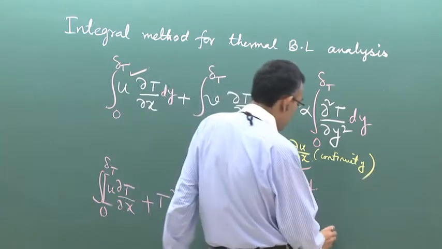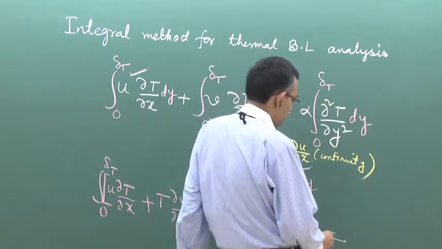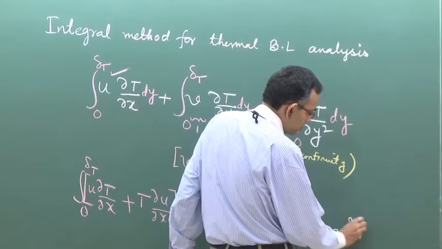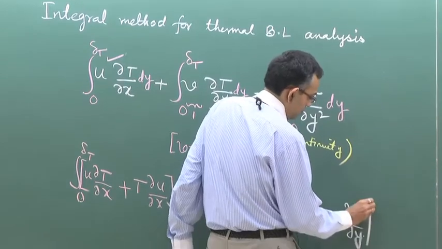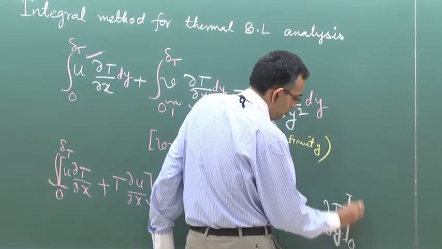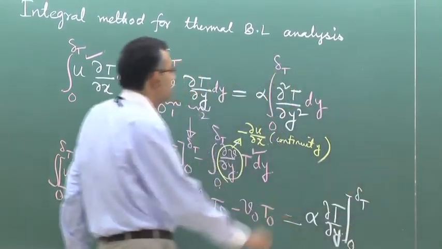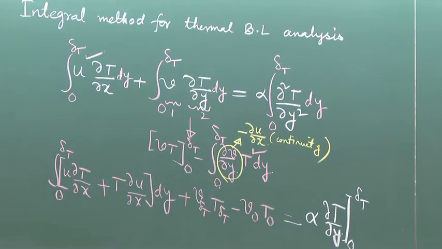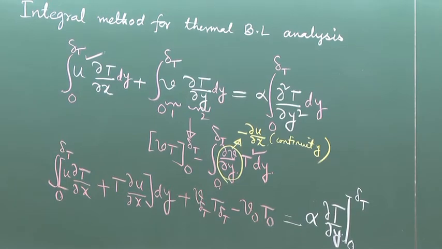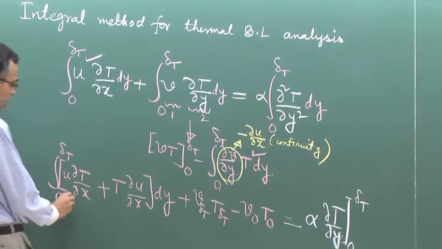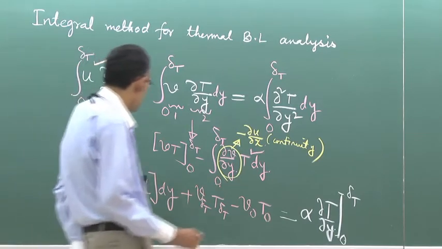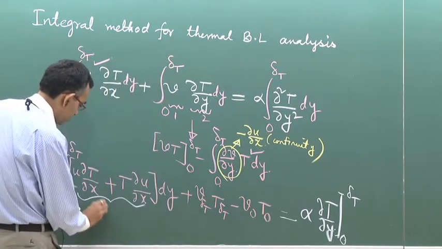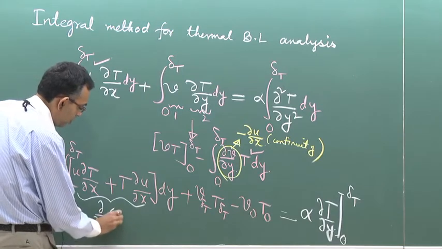This is equal to the right hand side. Now these two terms together become del del x of T into u, or u into T.